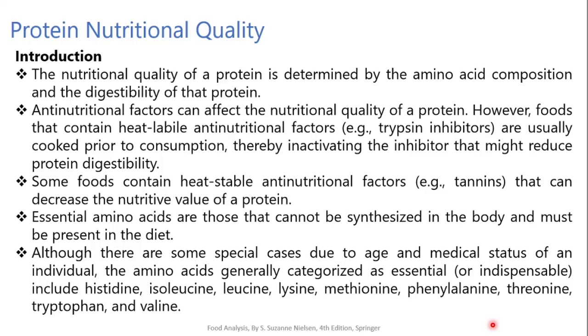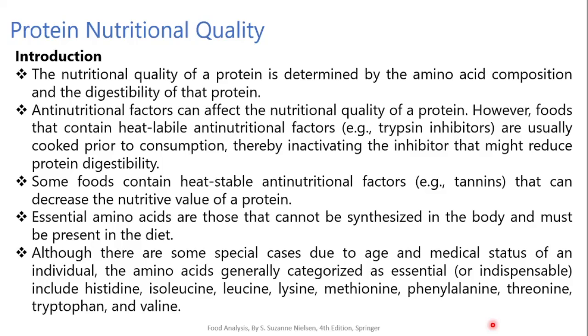However, foods that contain heat labile anti-nutritional factors, for example trypsin inhibitors, are usually cooked prior to consumption, thereby inactivating the inhibitors that might reduce the protein digestibility. Some foods contain heat stable anti-nutritional factors, for example tannin, that can decrease the nutritive value of the protein.